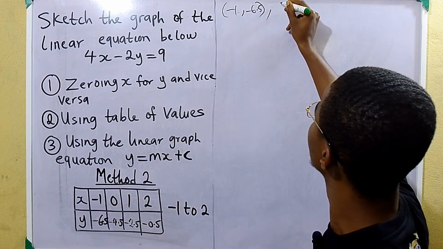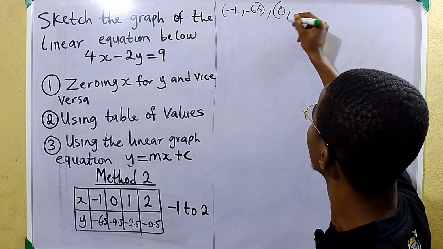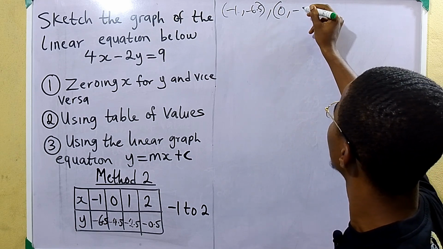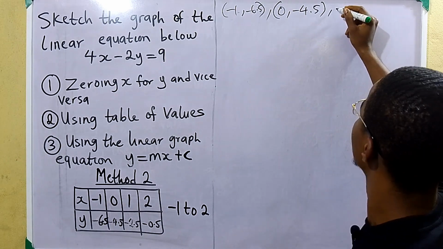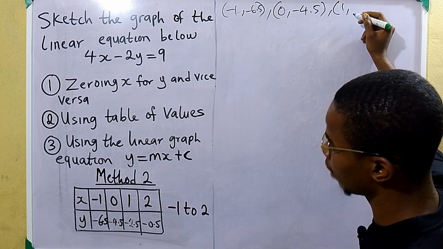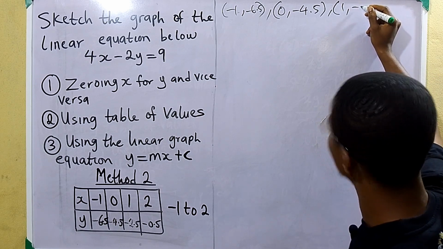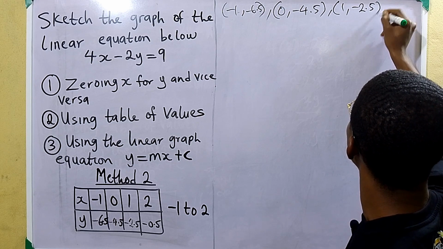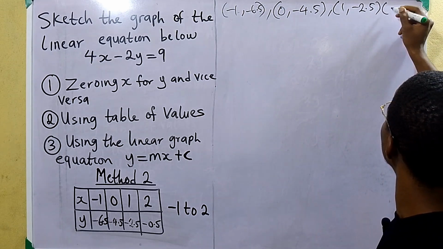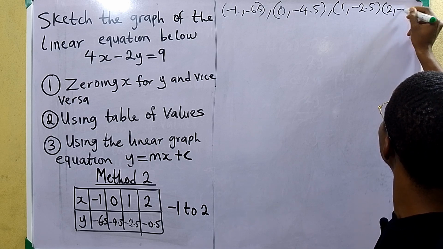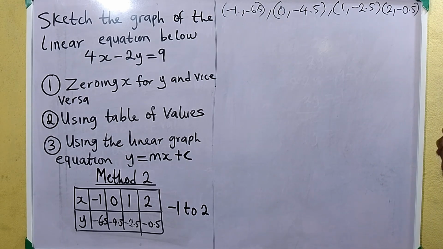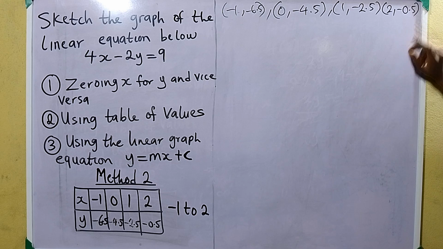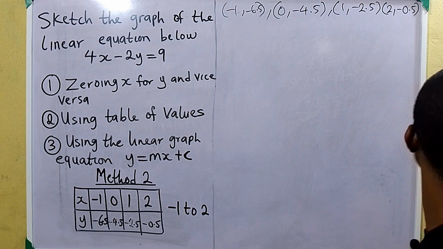When x is 0, it gives us another point again. X is 0, y is minus 4.5. When x is 1, it gives us another value of y, minus 2.5. And the last point, when x is 2, we get the value of y minus 0.5. So with these 4 points, we can get our graph.